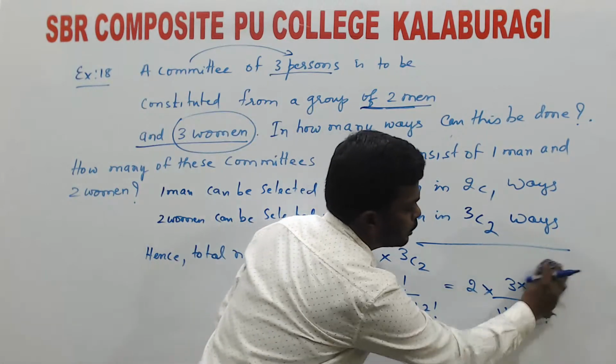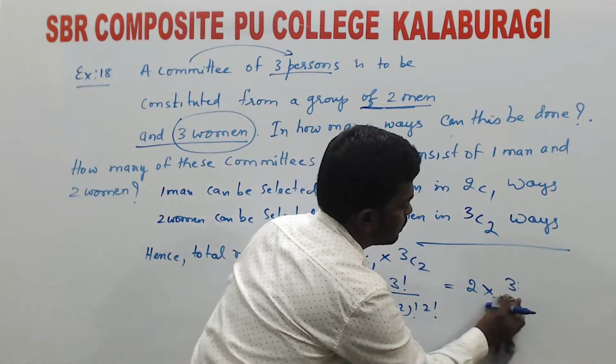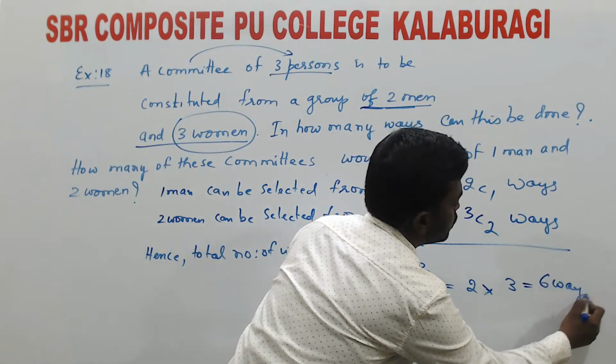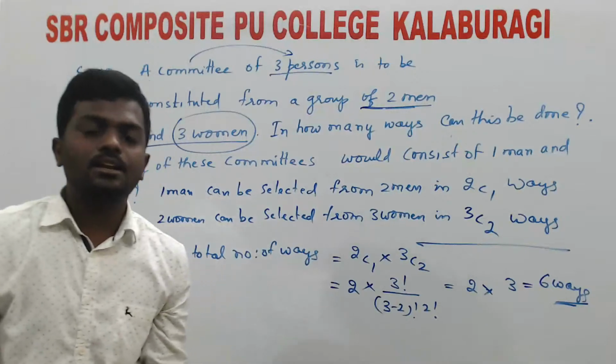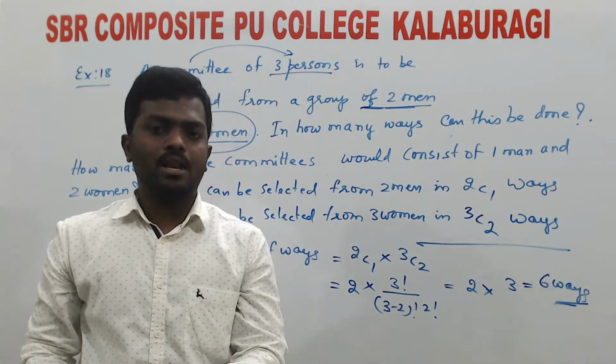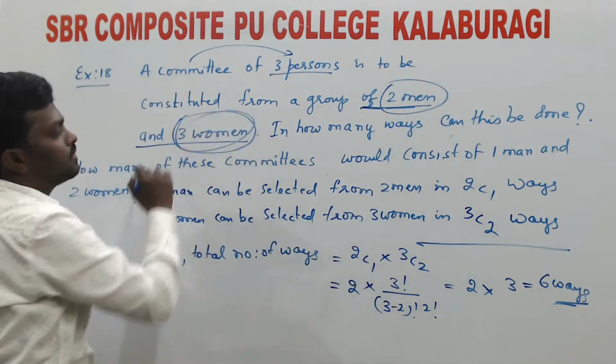The 2 factorial cancels. 1 factorial is nothing but 1 itself, right? So 2 into 3 is 6 ways. This 6 ways represents a committee comprising one man and two women from the given collection of two men and three women.